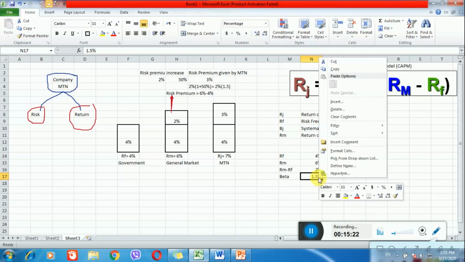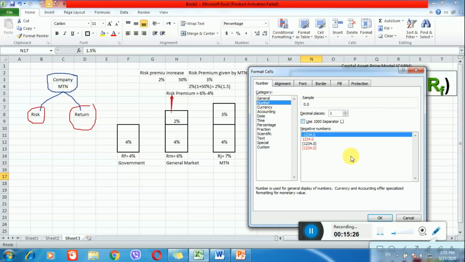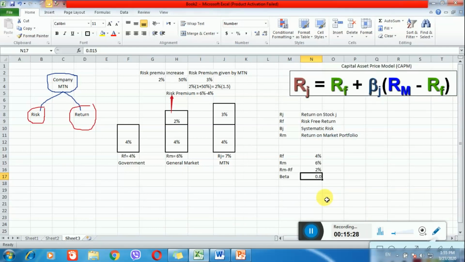Let me make it a simple number. This is only a number, 1.5. This is called the beta, or the rate of change. It means this return of 3% is increased by a rate of 1.5; 50% means 1.5.